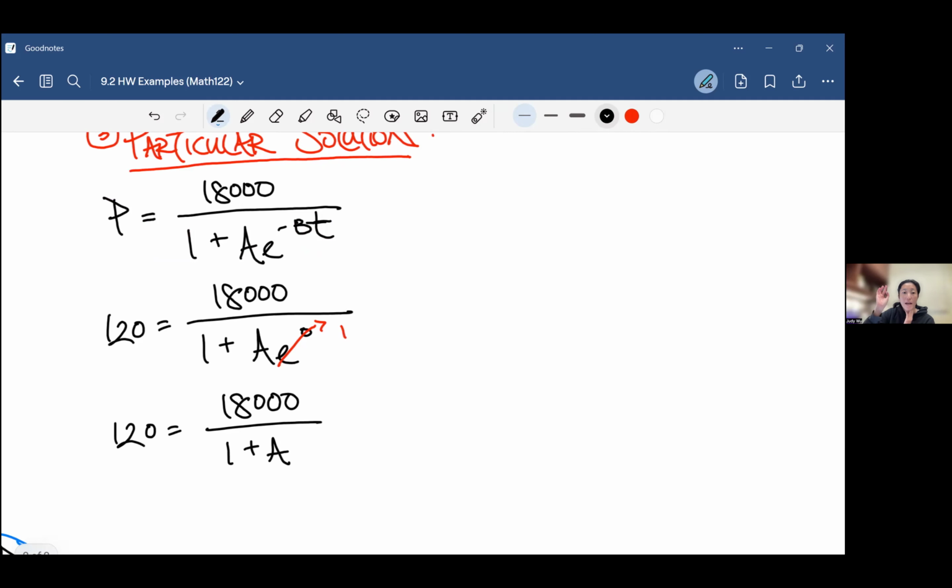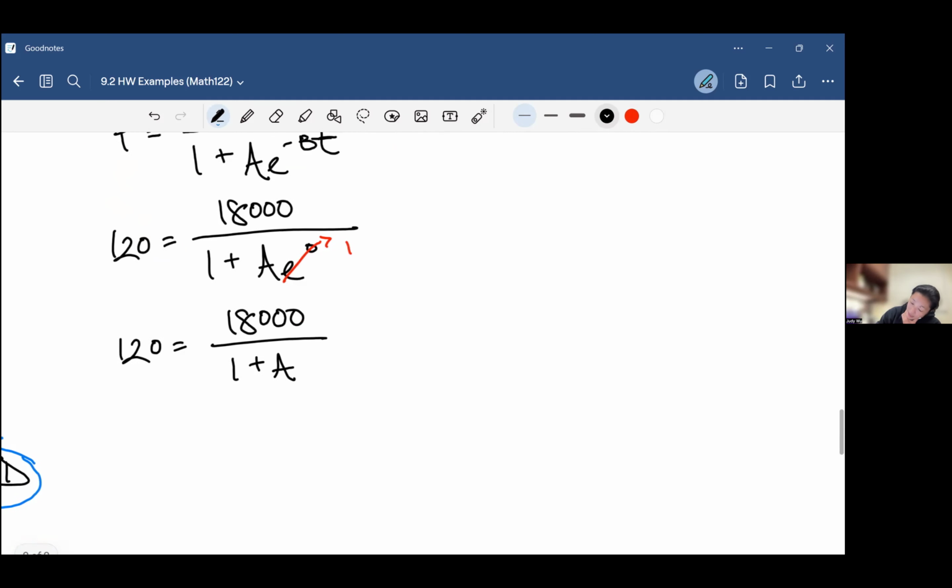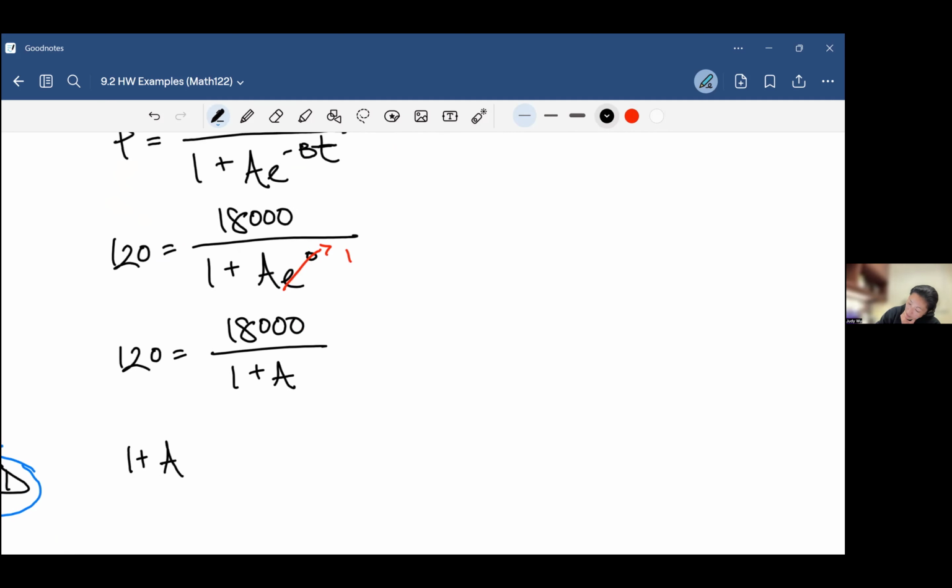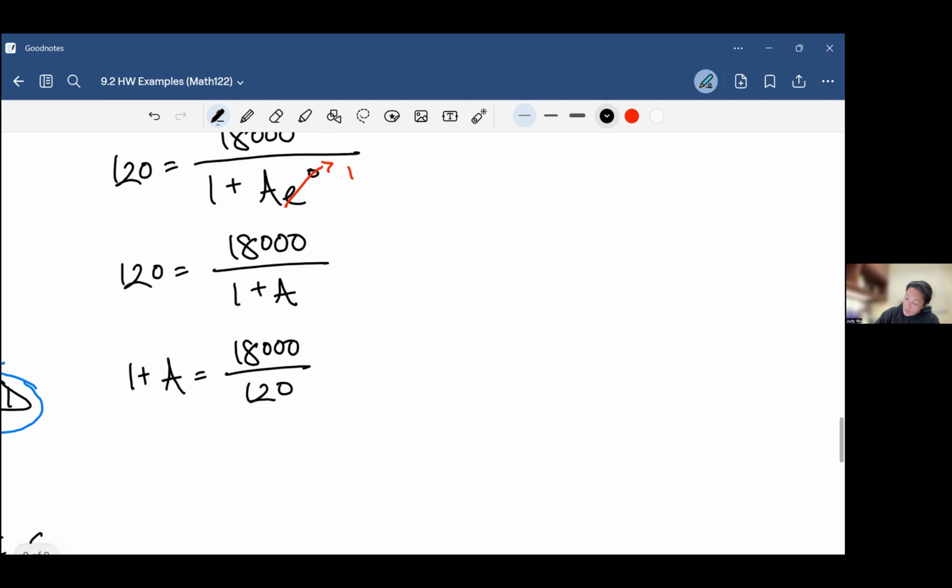Okay. Now I'm going to multiply the 1 plus A to the left-hand side, and I'm going to divide the 120 to the right-hand side. That's going to give me 1 plus A equals 18,000 divided by 120. And I believe this gives us 1,500. Okay, so 18,000 divided by 120 gives us, oh, not 1,500, 150.